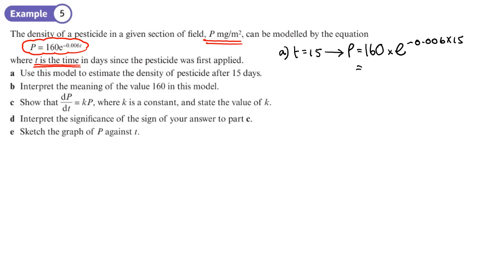Let's work that out. So 160 times by e, you need to do shift, and it's 2 buttons under the on button, to get that e, and I get a long number. Well, what's the decimals? 146.22898.